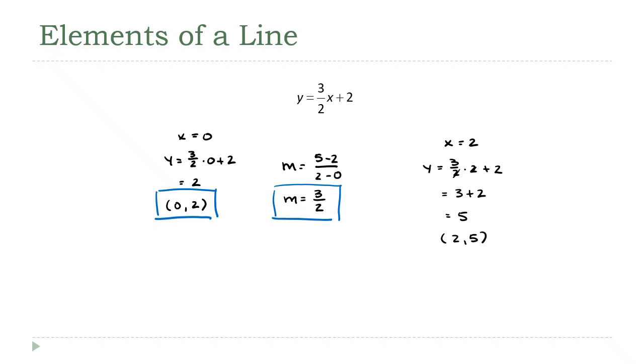Now, I want you to notice that the y-intercept is this number here at the end, and the slope is this number here in front of the x. That's not a coincidence. This is always going to be the case with a linear equation.